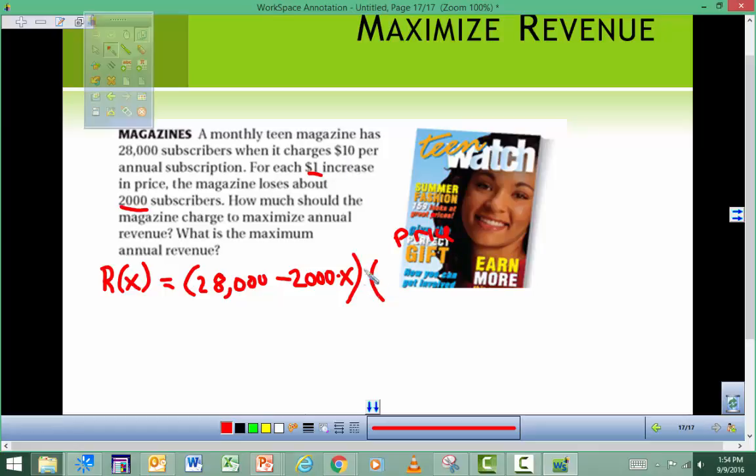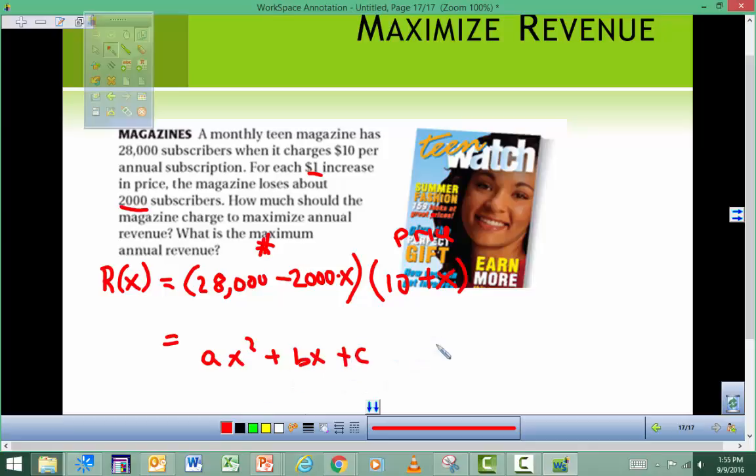The price started off with 10 and you're adding x. So that becomes our revenue function. This is the number of items. Now multiply this all out and you get ax squared plus bx plus c.